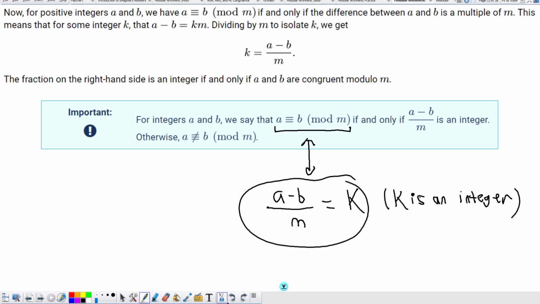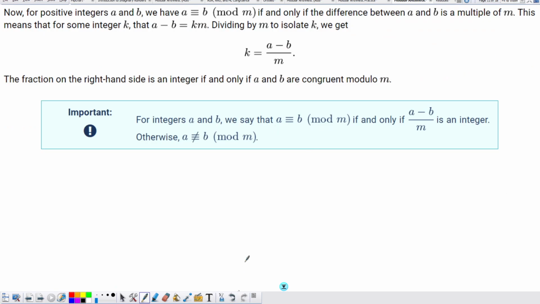And the difference being a multiple of m means that it is k times m, where k is an integer. Because remember, if k was not an integer, then this whole situation that we worked with in the past wouldn't work.